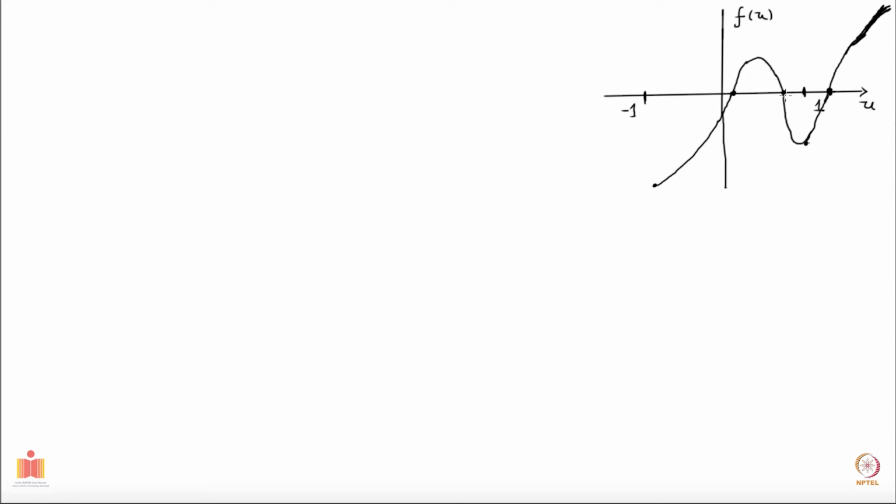So let's call this u1, which corresponds to value theta 1, and this u2, which corresponds to value theta 2. So what I've concluded is that there are 2 real roots in the physical interval.